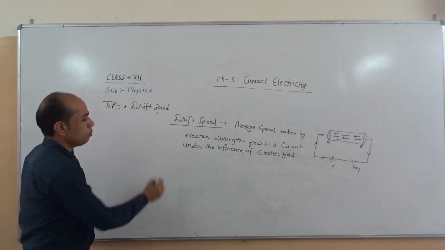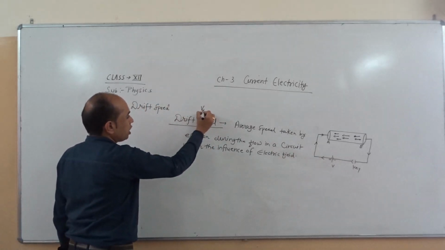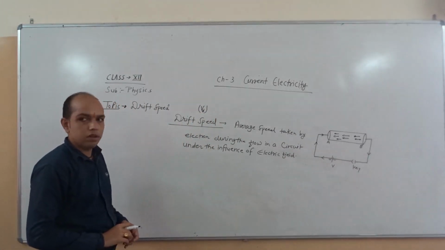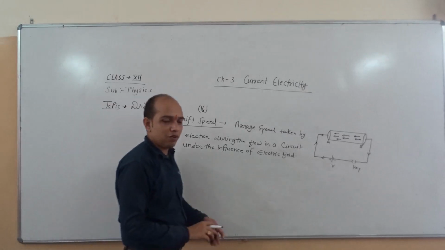Drift velocity is defined by v with subscript d, and this is the average speed taken by the electron during the flow in a circuit under the influence of electric field.